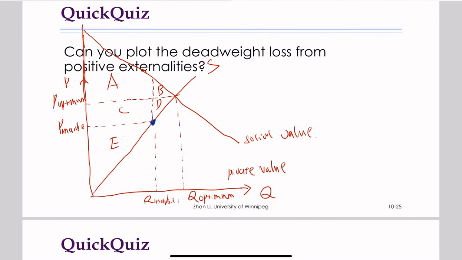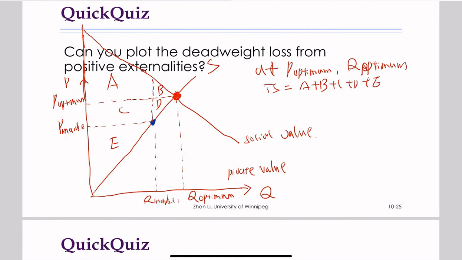So what you can see here is, let's compare these two different prices. At price optimum and Q optimum, that is at this quantity and the price, the total surplus is given by A, B, C, D, E, right?